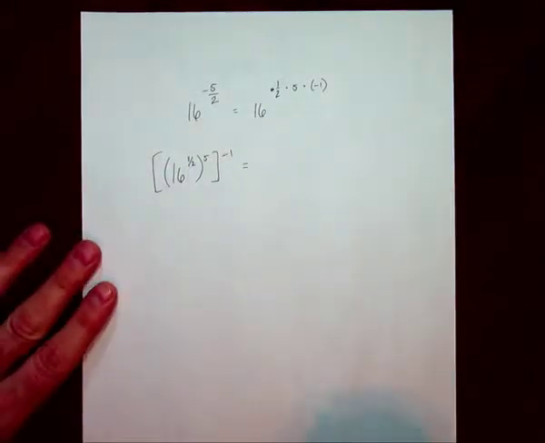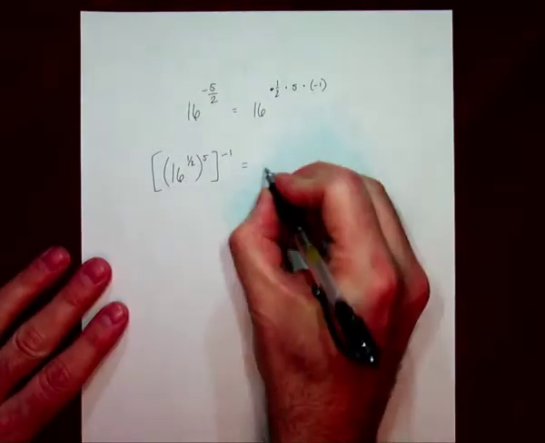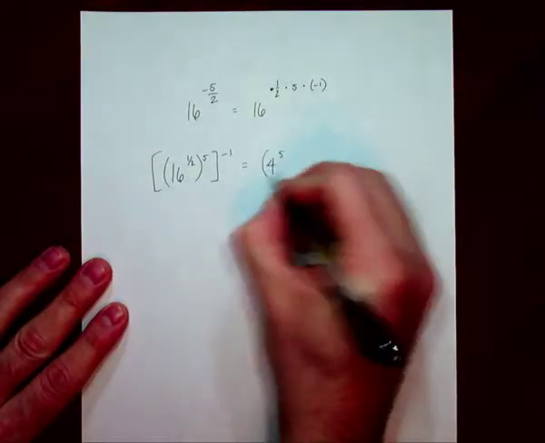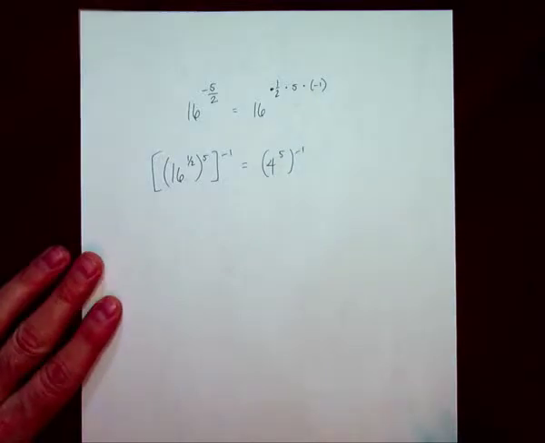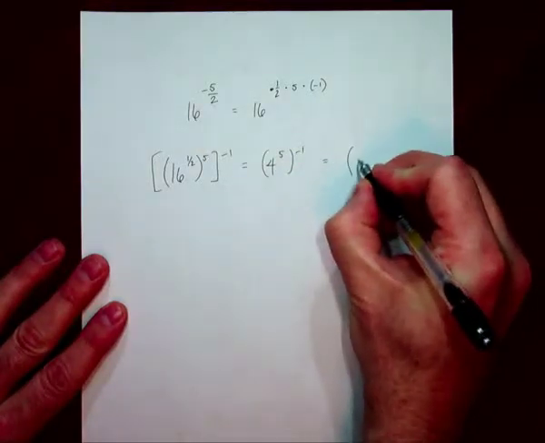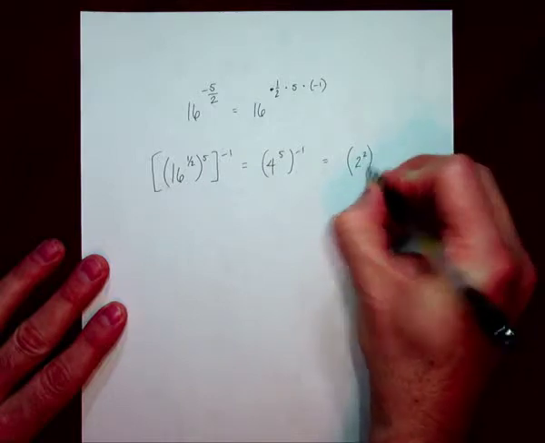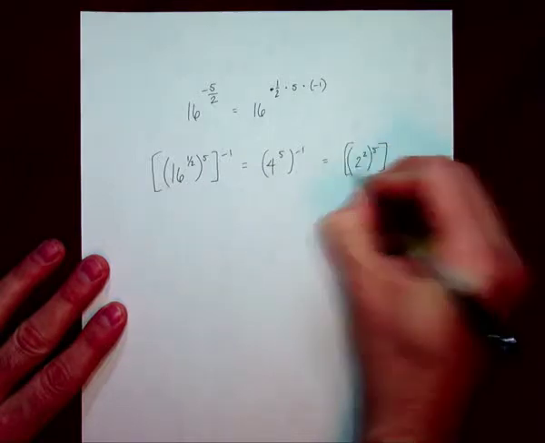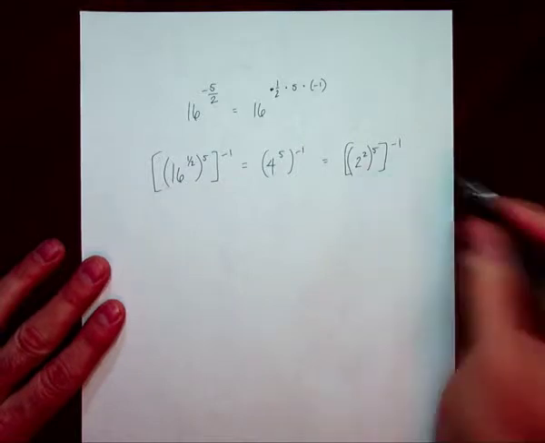Now taking the square root, you want to make it small first, so that's going to be 4 to the 5th to the -1. Now remember that 4 is 2 squared, so you could think of this as 2 squared to the 5th to the -1. That makes 2 to the 10th, okay?